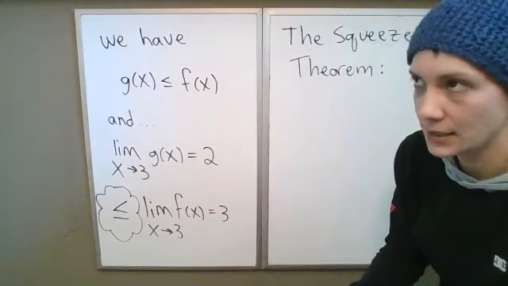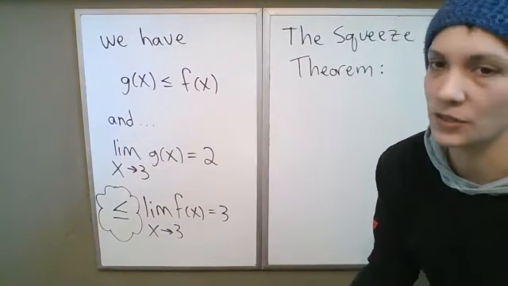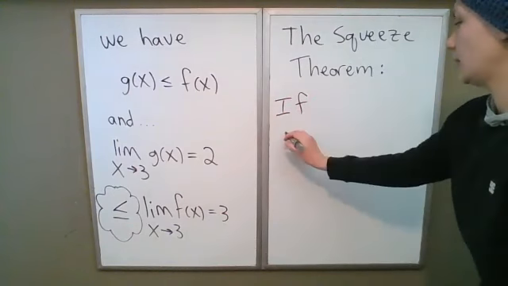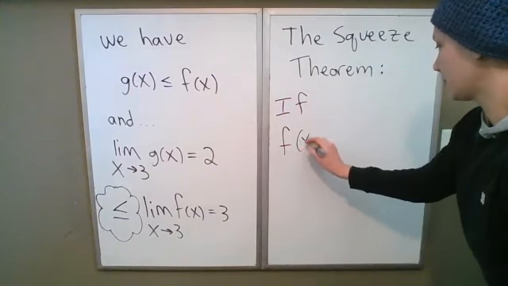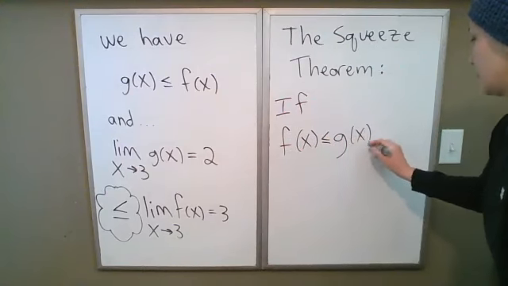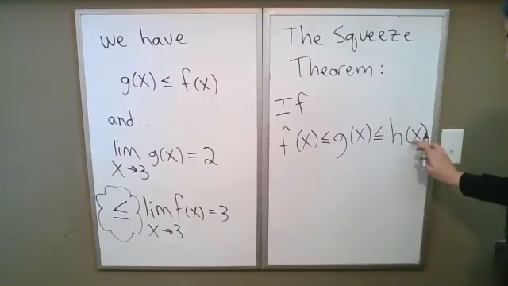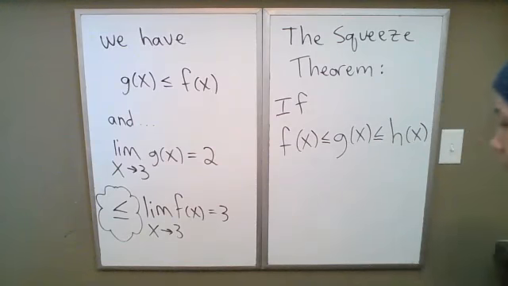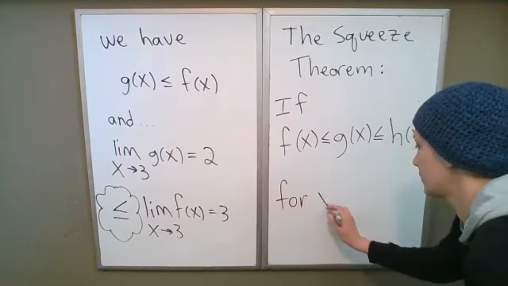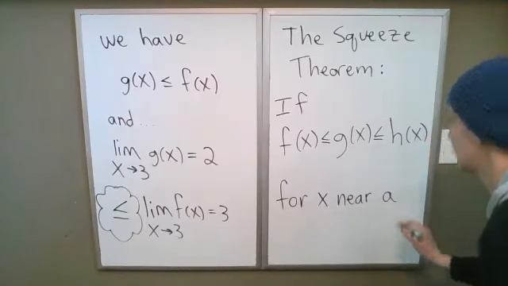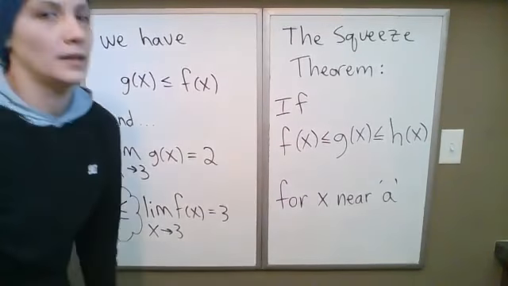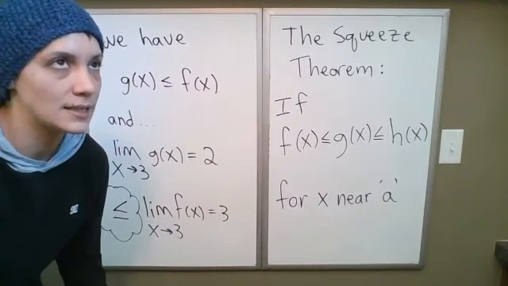If f of x is less than or equal to g of x, which is less than or equal to h of x, for x near a, except possibly at x equal to a.